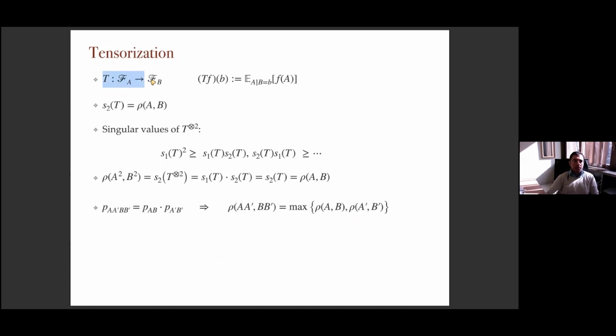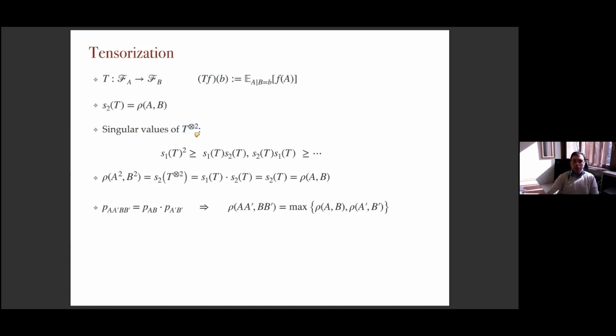This is the same T that I had before. That's the definition of T. And by computation, we saw that the second singular value of T is equal to the maximum correlation. Now let us compute the second singular value of T tensor T itself. The singular values of the tensor product of two matrices come from the product of the individual singular values.